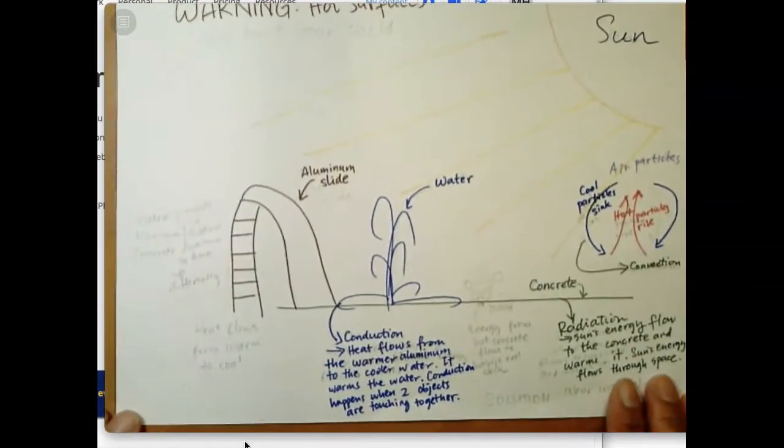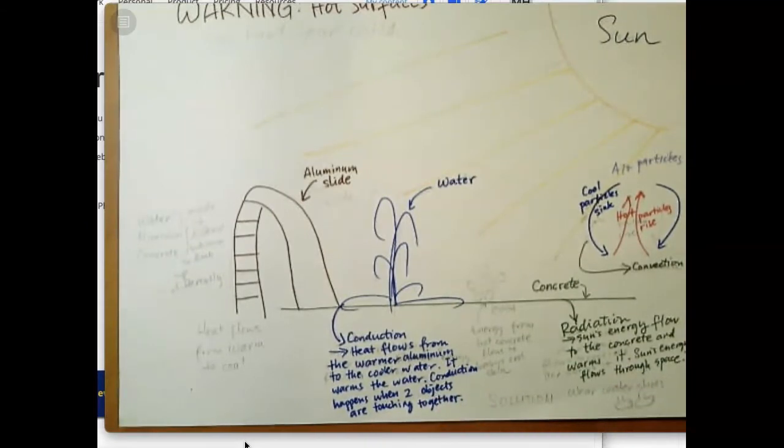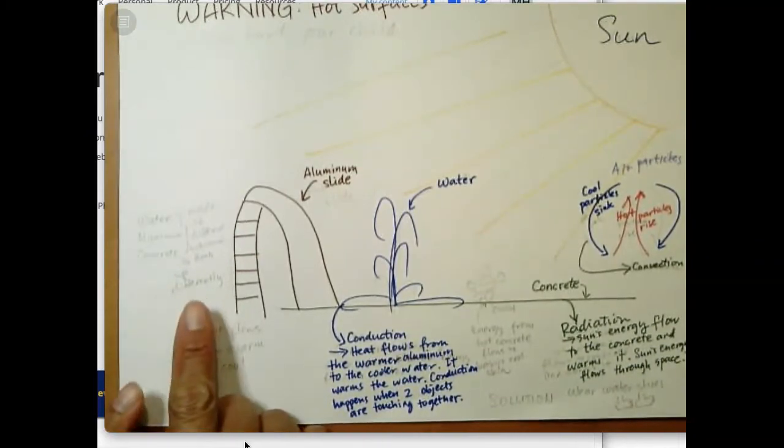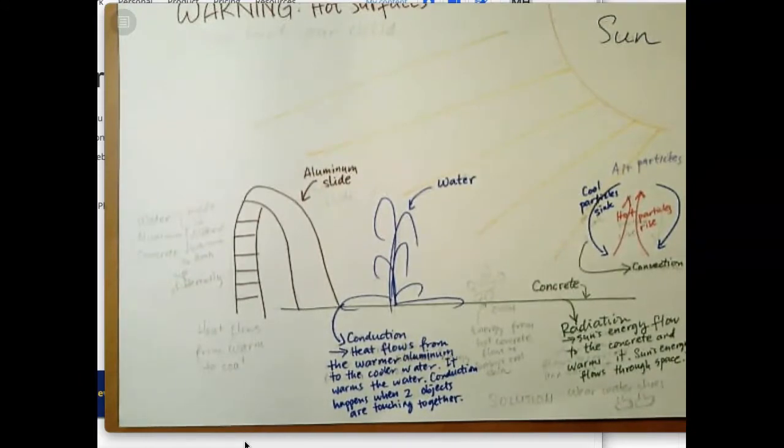Next one is to explain why different materials heat up at different rates, and that's because they're made of different substances. All right, so I'm going to write that down.